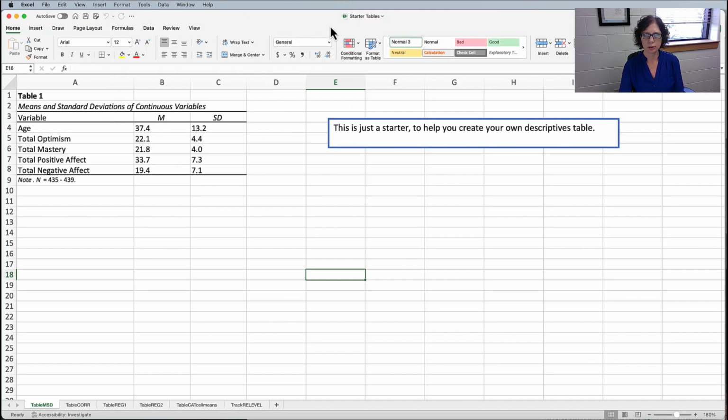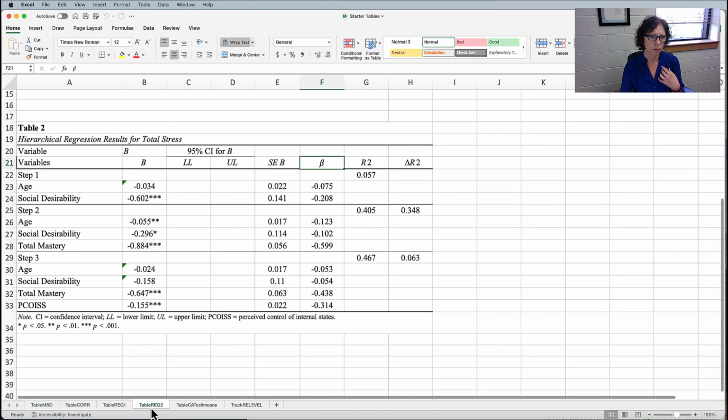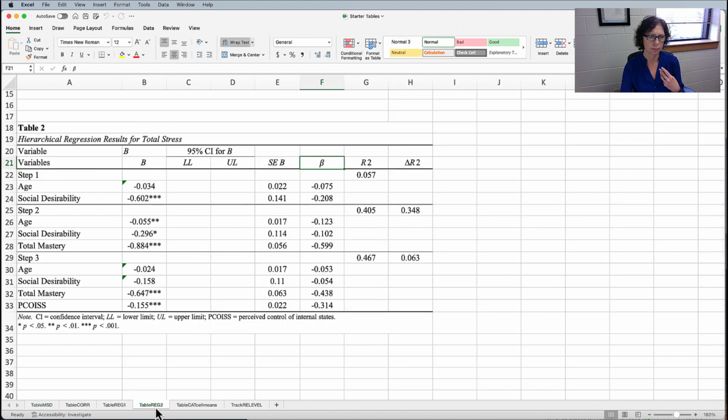So in our starter tables, again, you have all kinds of different tables here that we're going to be working with. And we're going to move to Table Regression 2, which has a template for a hierarchical regression. Now, this one that's on your template has 3 steps, and we did not do 3 steps in the lab.